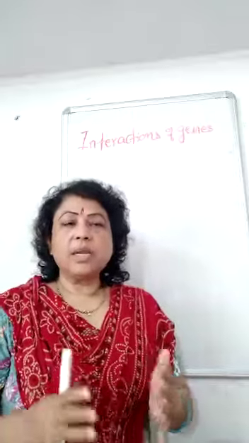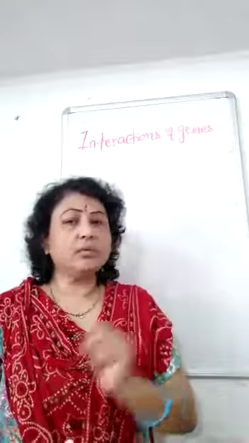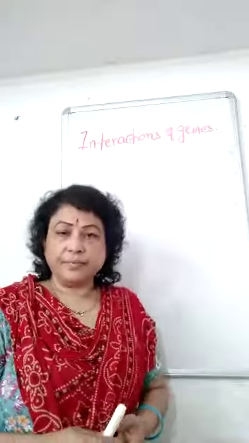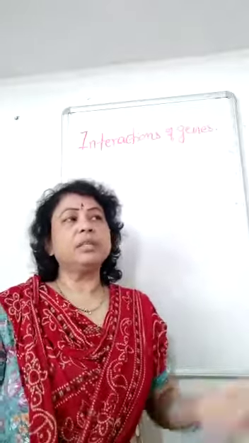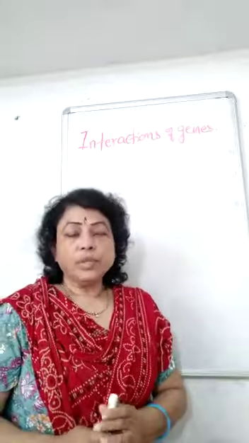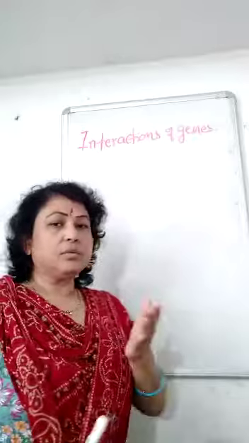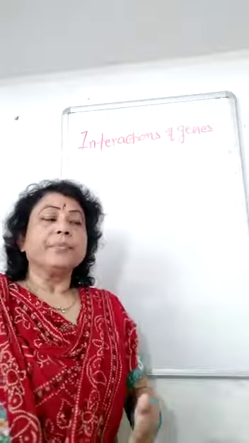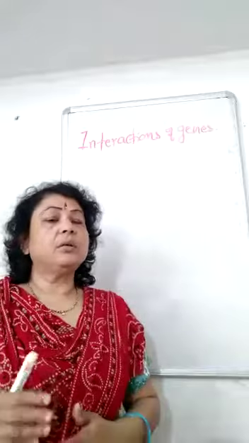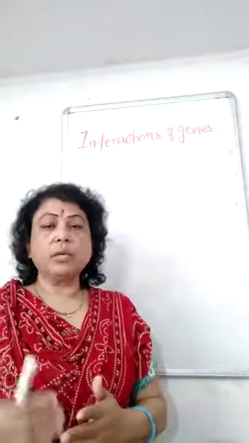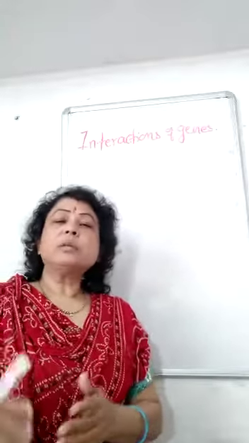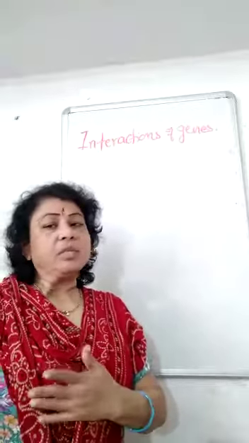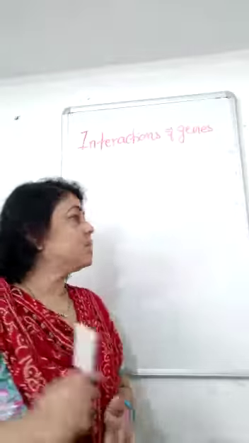We know that Mendel had given the 9:3:3:1 ratio. But after Mendel, when other workers worked with other plants, they observed that this 9:3:3:1 ratio changed completely into different ratios. That means it may be 9:7, or it may be 12:3:1, it may be 15:1, or 9:6:1, different ratios.